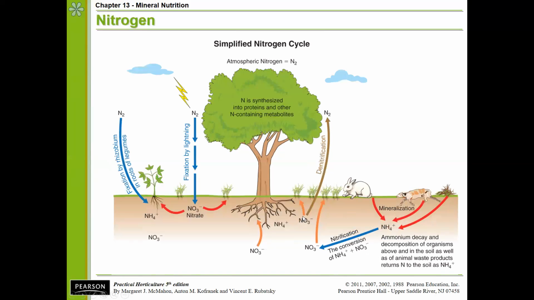That would be nitrate being broken up into nitrite and then nitrogen gas. That's denitrification. So this is an extremely important cycle here. Nitrogen is very mobile within the plant. It's also very mobile in the soil, which is another reason why it's often a limiting factor in agricultural production.